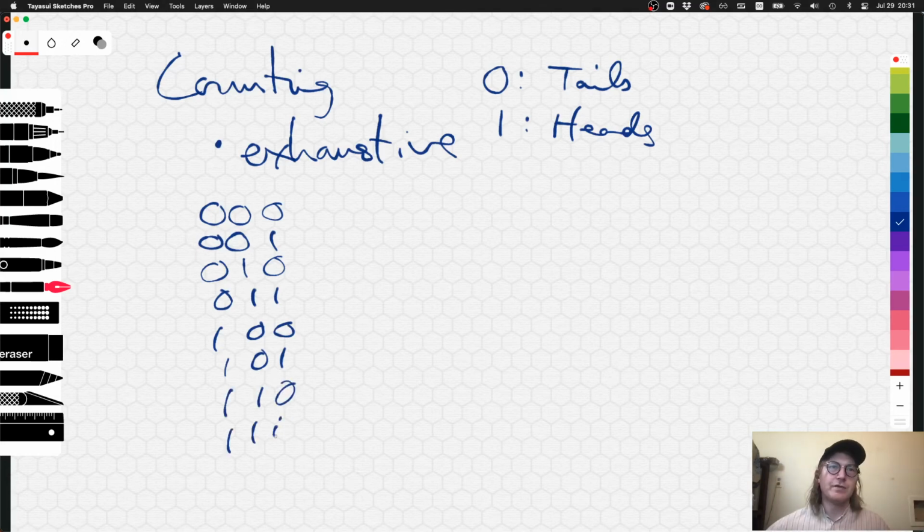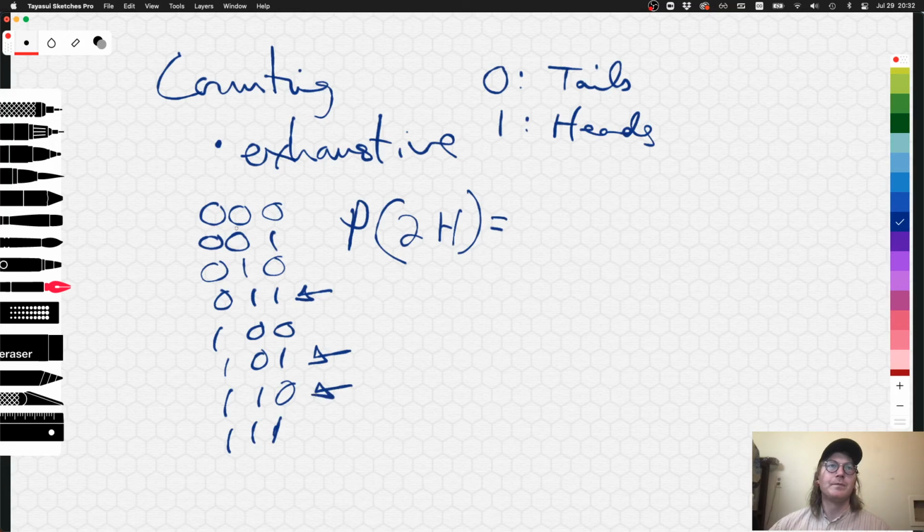There are 8 different potential outcomes for 3 coin flips of a fair coin, and this is them. This is all of them. And we can answer a question such as, what is the probability of 2 heads? Well, exactly 2 heads, not 2 or more. 2 heads, well, that's this, and this, and this, right? Is that it? So that's 3 out of 8.